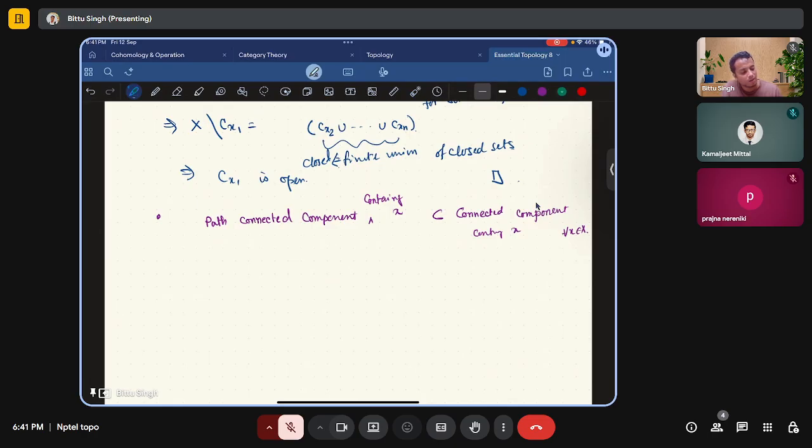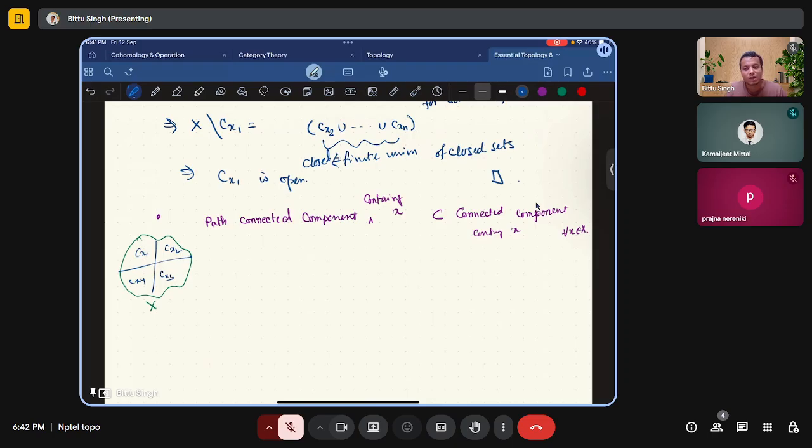So what is happening here? Given a space X, if we take the equivalence relation by connectedness, then X is broken into parts. Suppose those connected components are Cx1, Cx2, Cx3 and Cx4.